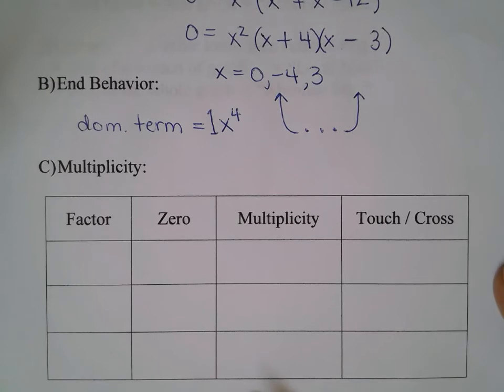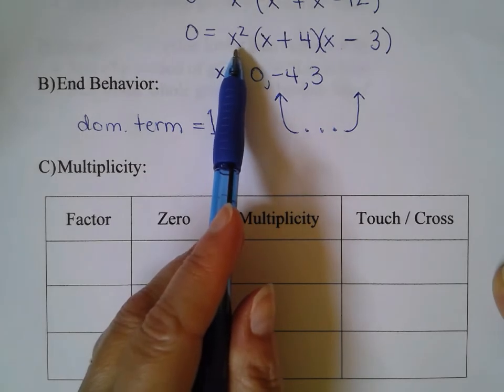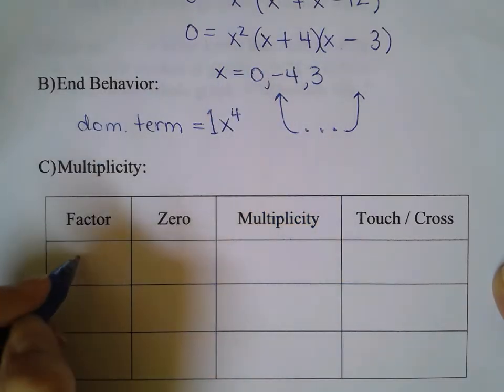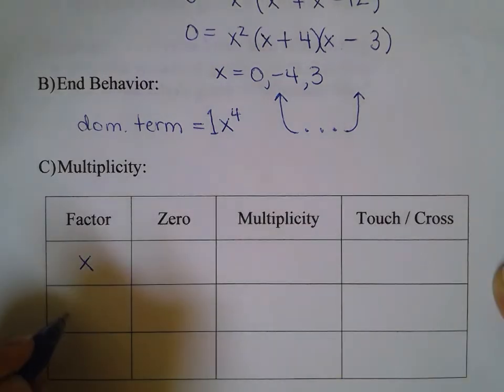Okay, then I can look at the multiplicity. I have 3 factors this time. I always like to do one of these with you guys so that you can know what to expect. So really this is like 2 x's right here, x squared, right? It's x times x. So there's one factor of x. We're going to use the square as the multiplicity. Okay, and then I have x plus 4.